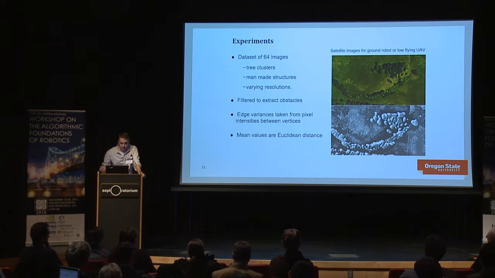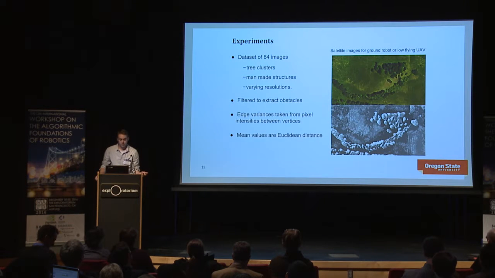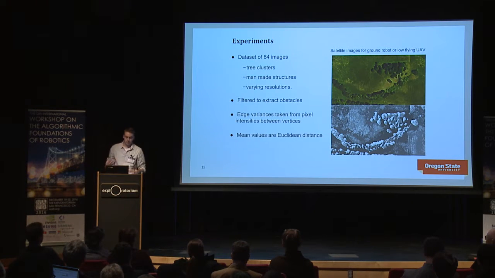And so for our experiment, we took a data set of satellite imagery and we filtered out tree clusters and man-made structures, and we took them at different resolution levels. Then we filtered it and extracted the obstacles, and you can see an image here where the intensity of the pixel demonstrates the likelihood of it being an obstacle.